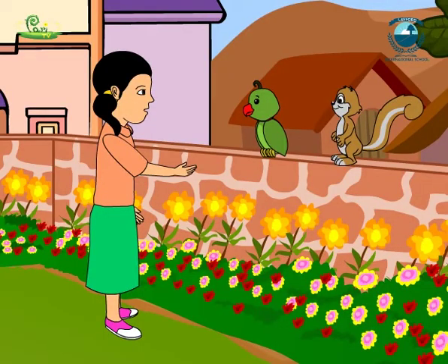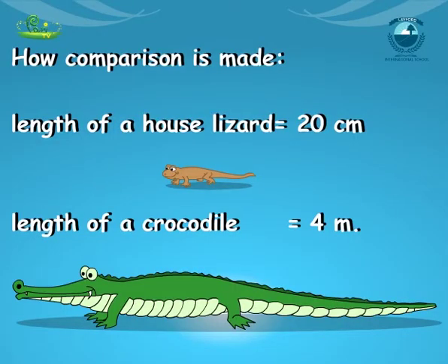Before I tell you more, now you tell me. If the length of a house lizard is 20 centimeter and the length of a crocodile is 4 meter, then what will be the ratio of the length of lizard to the length of crocodile?